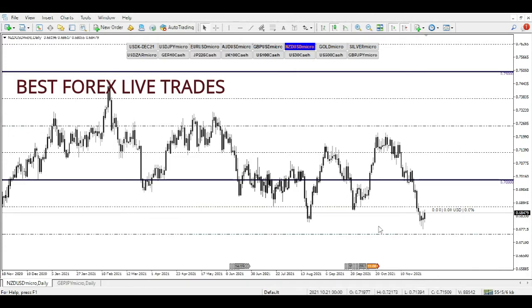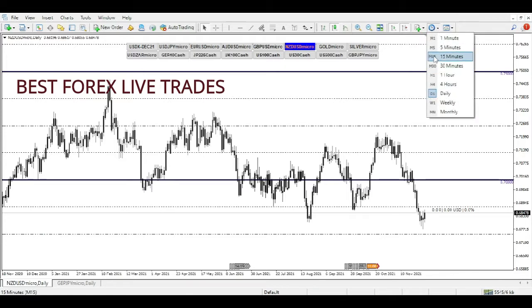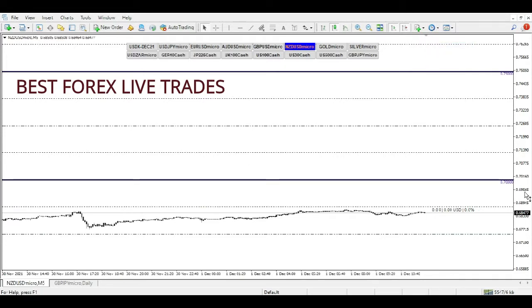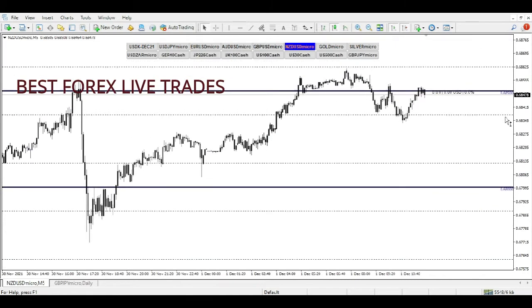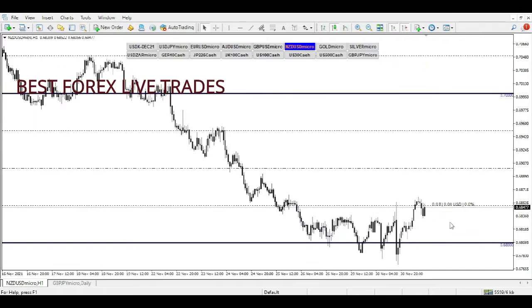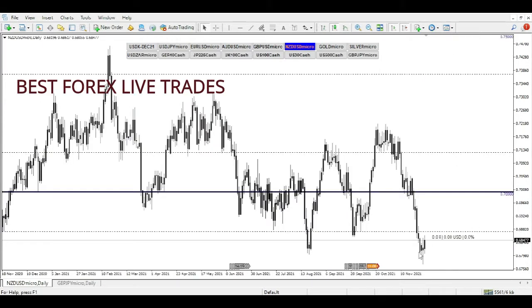Most people lose money because they are tempted to be trading at 5-minute charts. See, on the 5-minute chart, we are selling. Let's go to a higher time frame. On the hourly, it does look like we are selling, but on the daily, look what's happening.